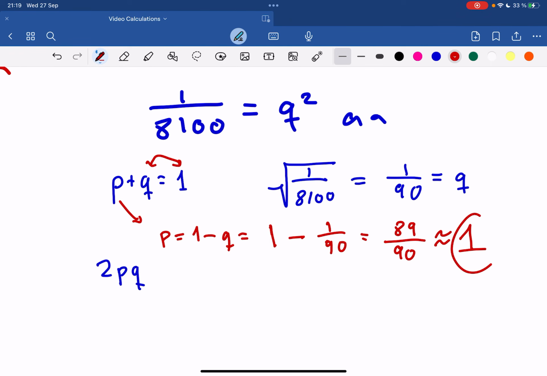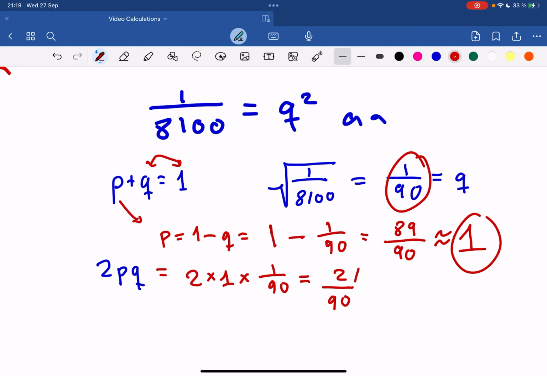So we know what p is, we know what q is. Now we can calculate 2pq, which is equal to 2 times p, which is 1, times q, which is 1 out of 90. And that is, of course, equal to 2 out of 90, or if we divide it by 2 right here, 1 in 45.